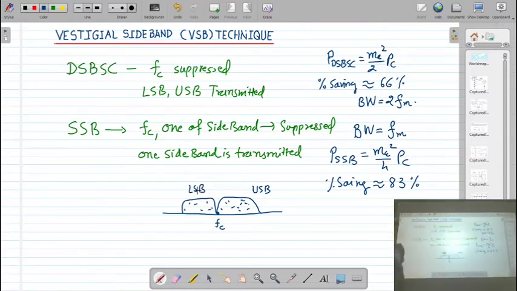Now when you are going to filter out either the LSB or the USB, what should be the characteristics of this filter?